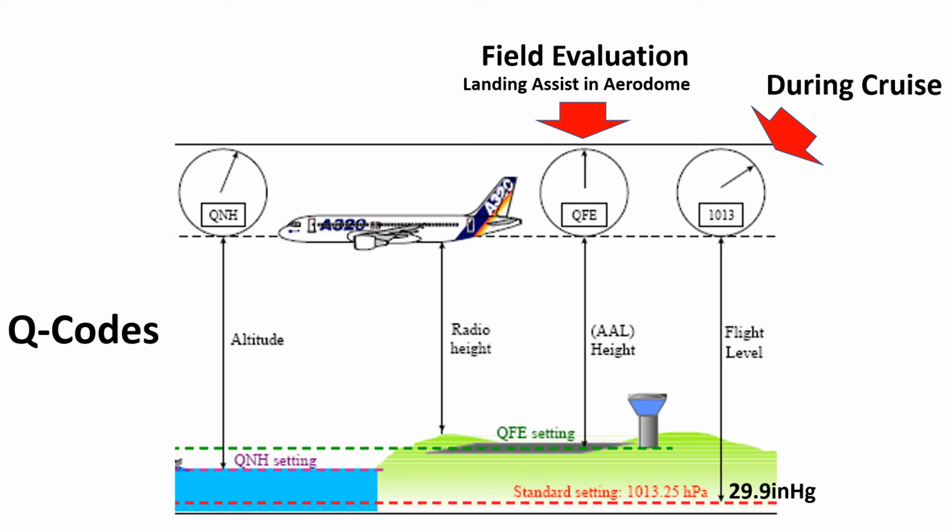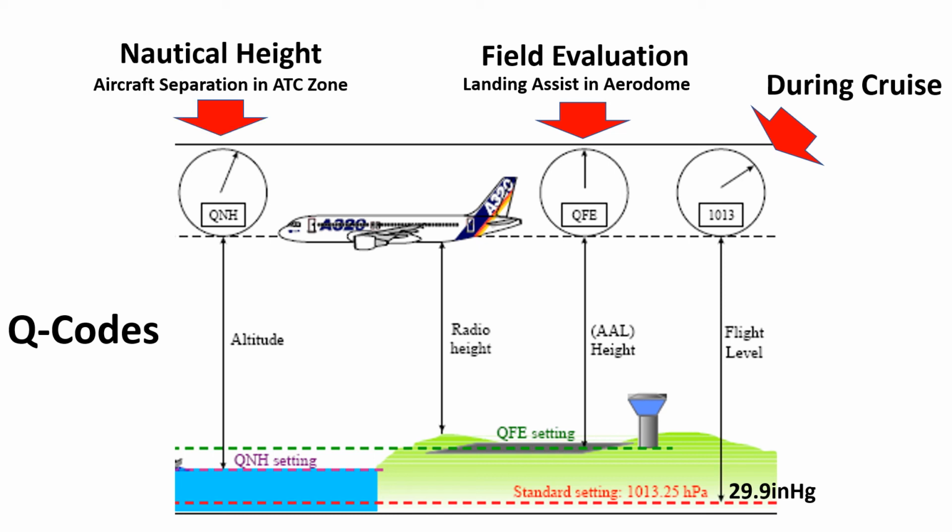The second Q code is the so-called QNH. NH is equivalent to nautical height, and this is specifically for aircraft separation in the air traffic control zone. For example, in a specific ATZ, the controller gives a reference pressure, so all the pilots need to reference their altimeter to the same pressure.